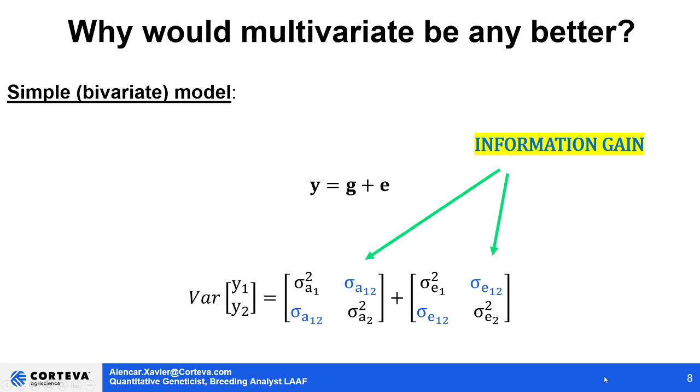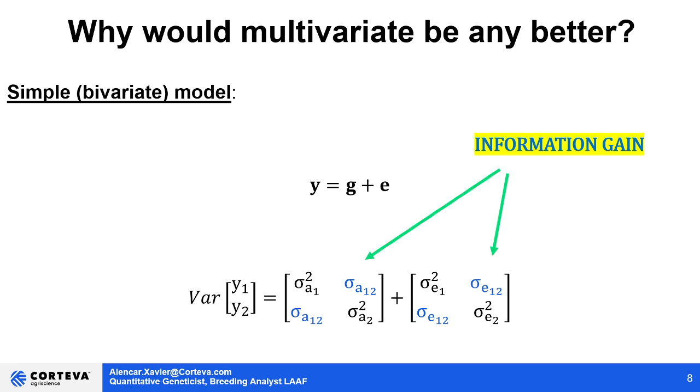So why would multivariate models be any better than the models we currently run by modeling one trait at a time? Here you can imagine that any phenotype described by the vector y could be a function of the genetics plus environment, or genetics plus residuals. And the gain of information when this y is multiple traits is basically the correlation between trait 1 and trait 2.